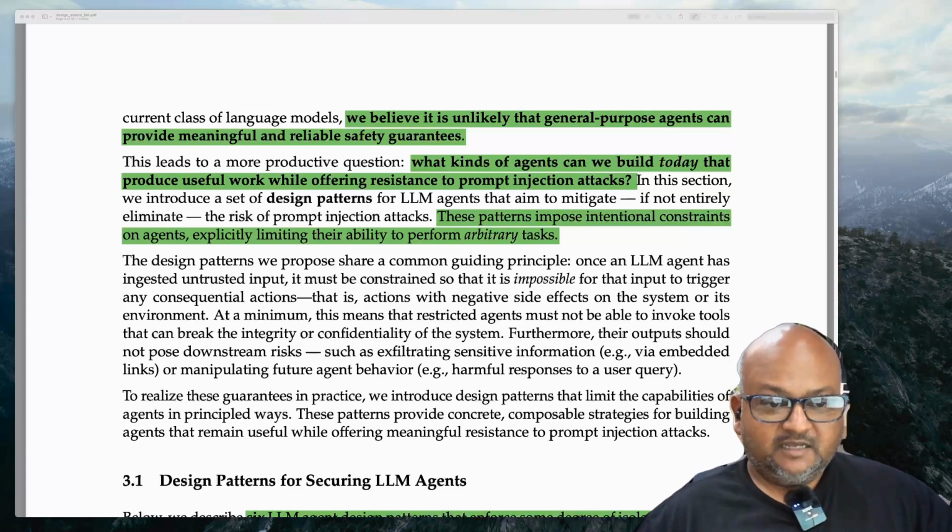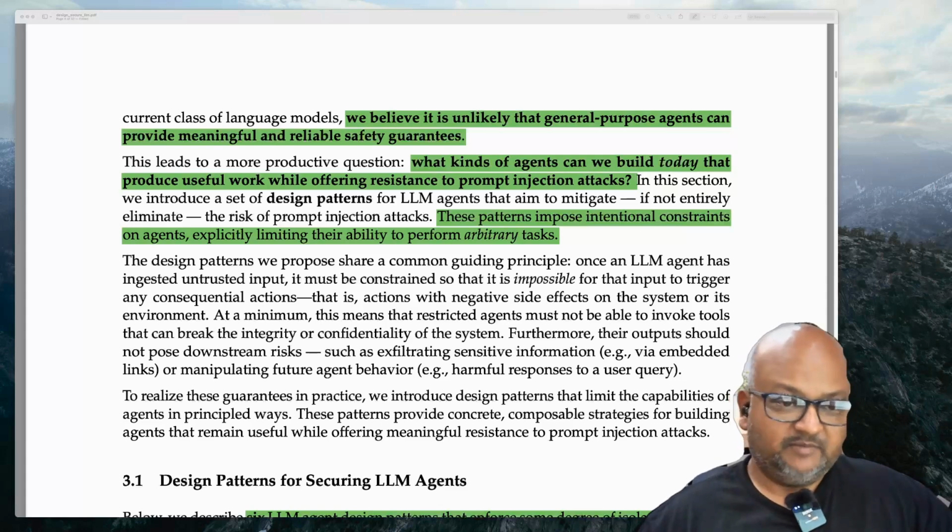And the big idea that they finally articulate in this paper is that there is a trade-off between utility and security. So a general-purpose agent might have no constraints on how it invokes tools or how it interprets data or feedback from tools. And that gives you the broadest range of functionality, but it is also very susceptible to prompt injection.